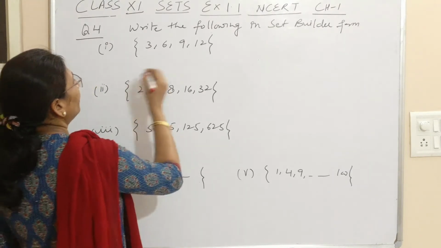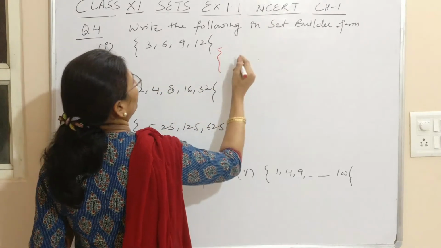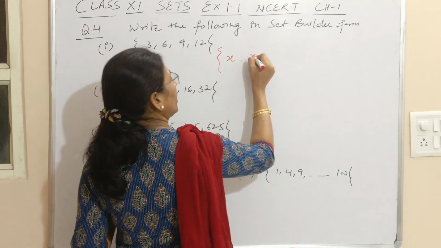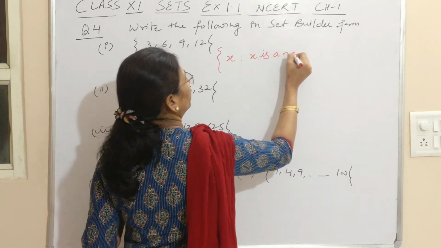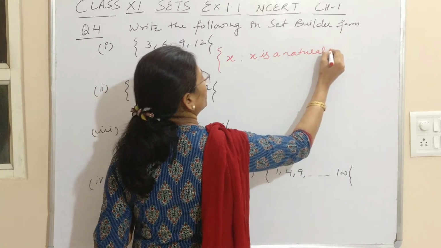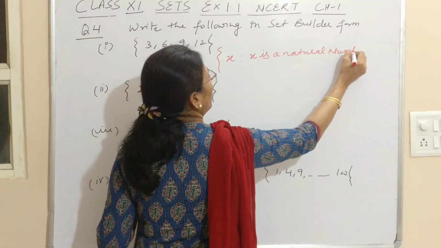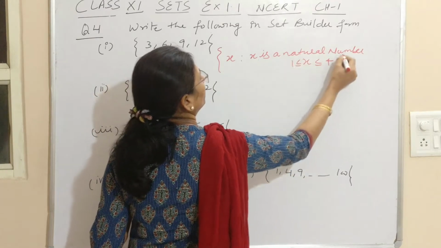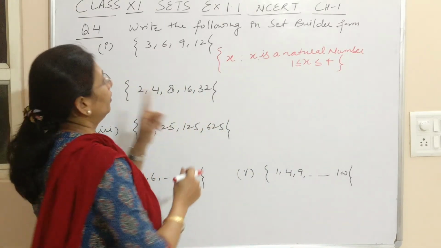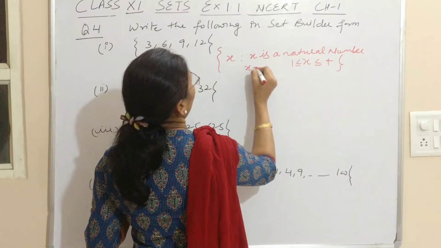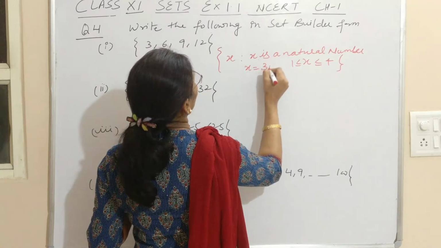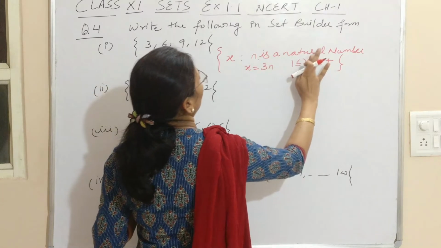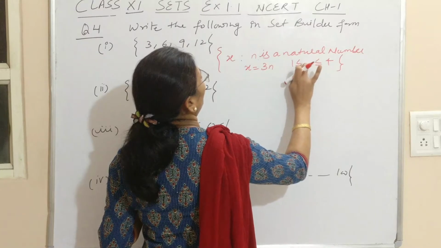So here we can write in the set builder form an element x, where x is a natural number. One more thing I have missed out: x is equal to 3n, and n is a natural number, and n lies between 1 and 4.